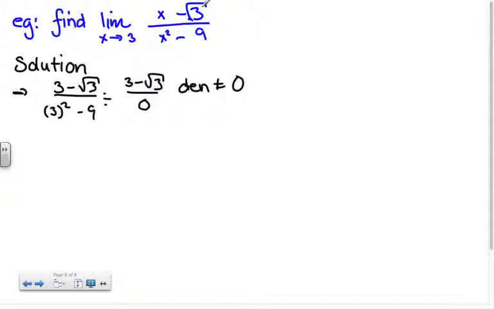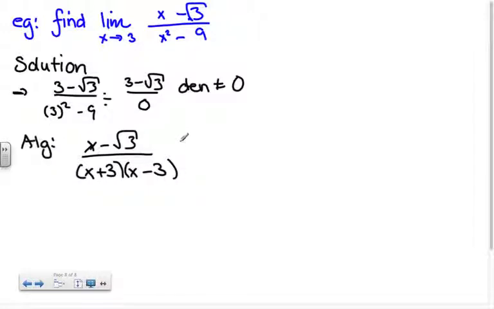Now, this one looks a little bit more complicated, because if we do my algebra, on this I have x minus square root of 3. This is, of course, a difference of squares, x plus 3, x minus 3. Now, you may look at this and go, oh, I can't do that. Not at all.